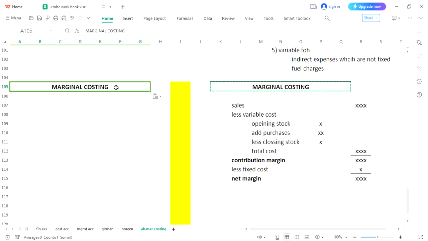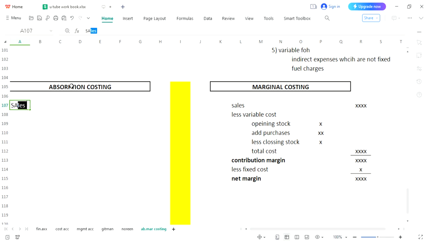Here, instead of marginal costing, we will see absorption costing. For this, you have to remind yourself what we were doing in the cost of goods sold statement. When we made a simple income statement, the very first thing was sales.